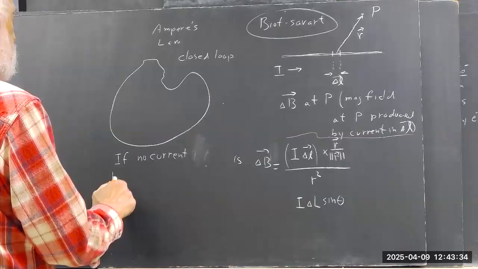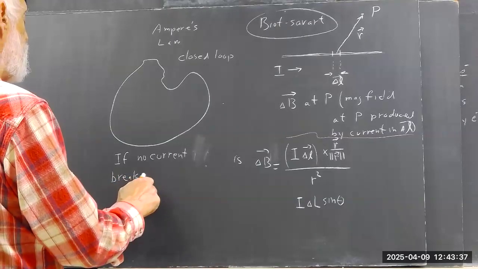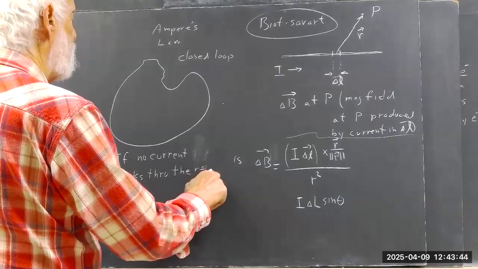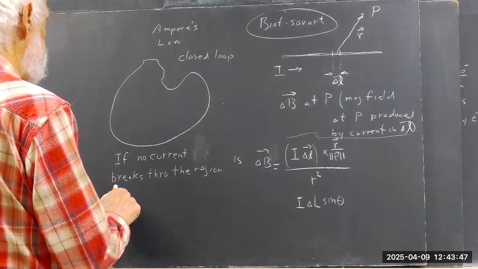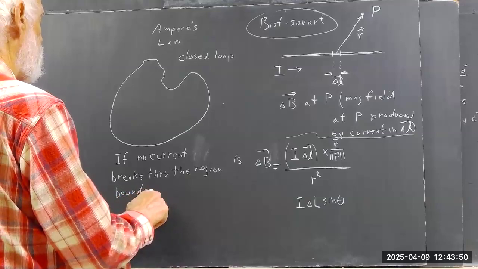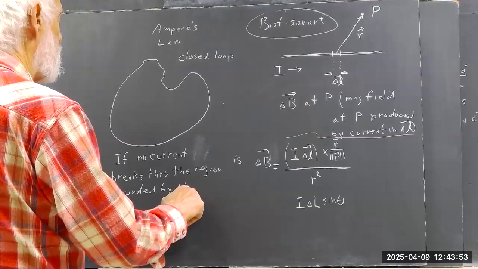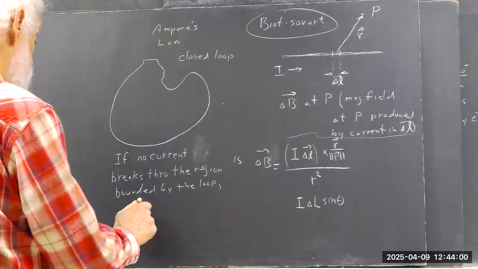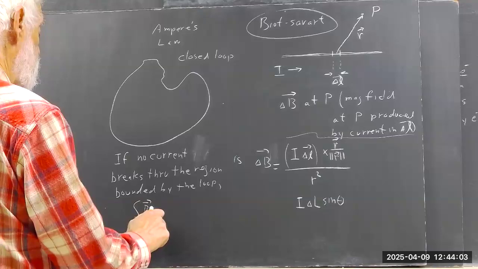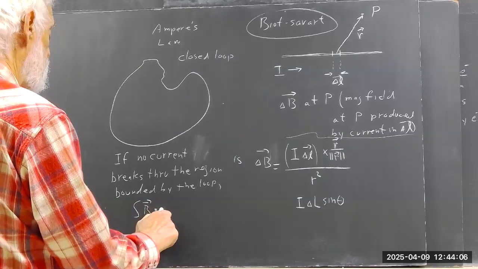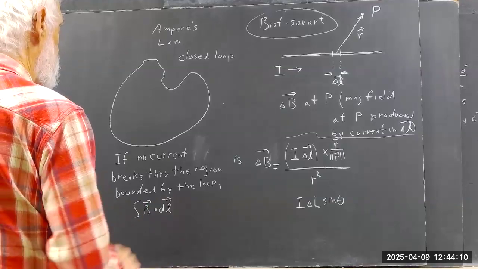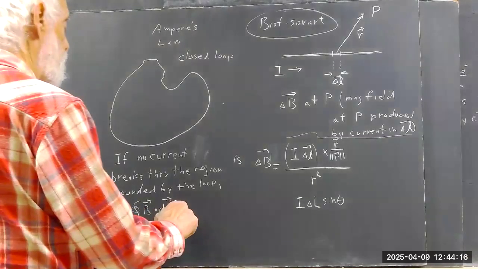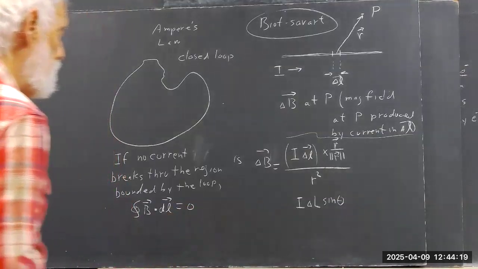The integral of the magnetic field dotted with dl, closed integral around the whole loop, is zero if no current passes through the loop.